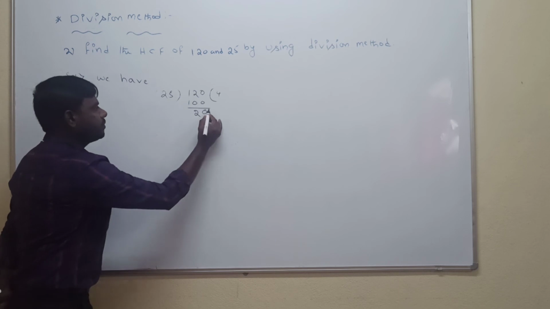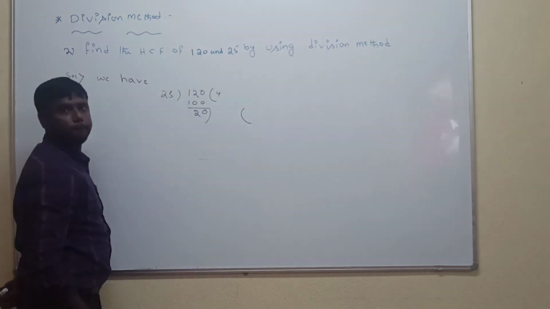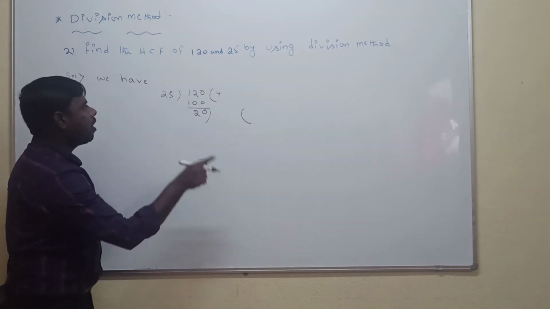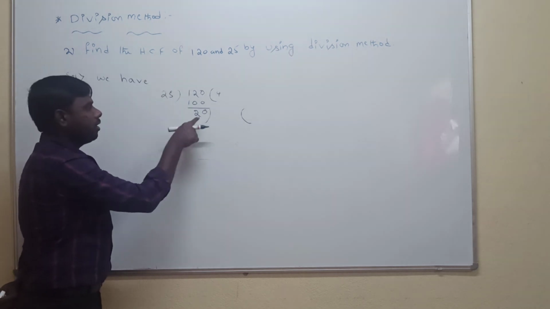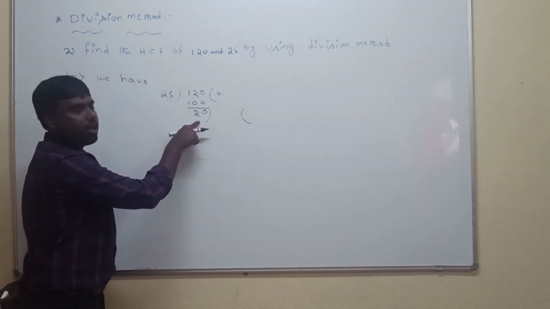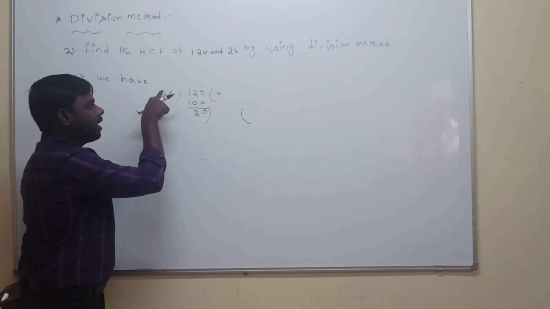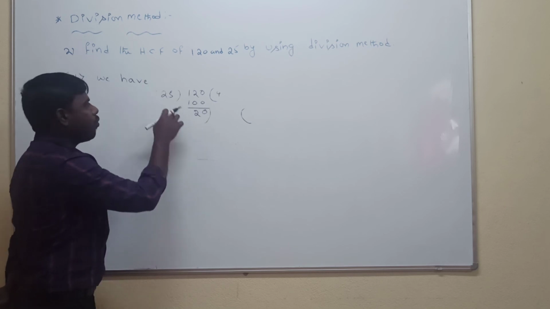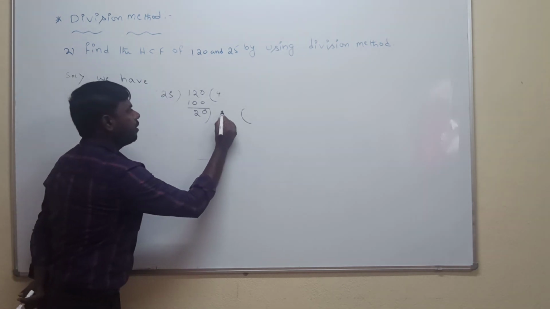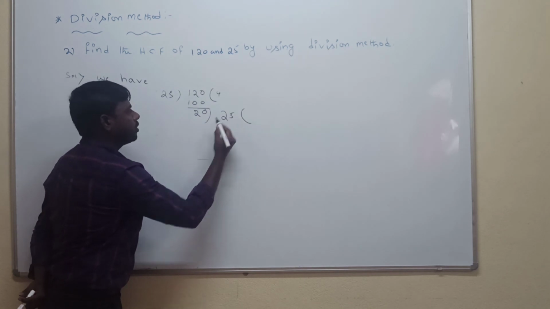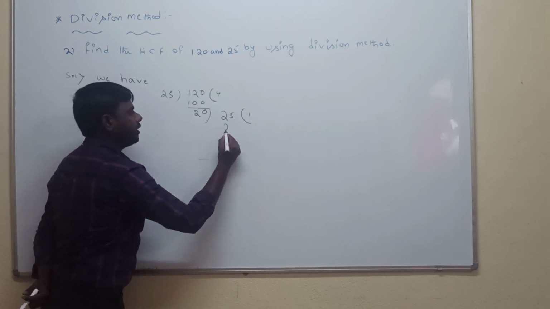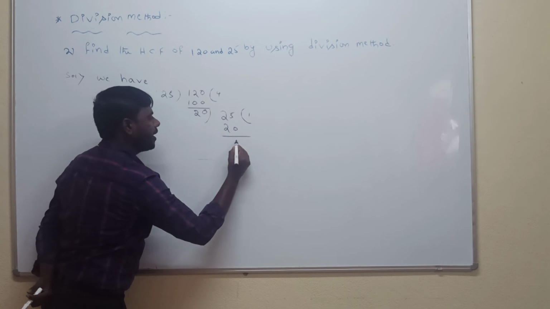At that time, divide the first divisor by the first remainder. What is the divisor value here? 25. So 25 divided by 20, 1 time, the remainder is 5.